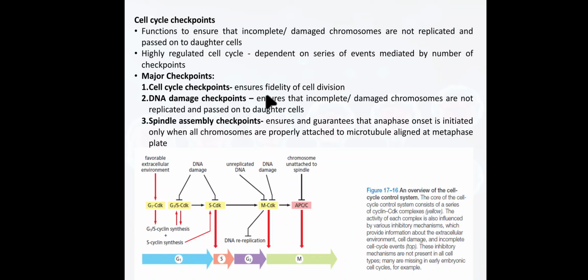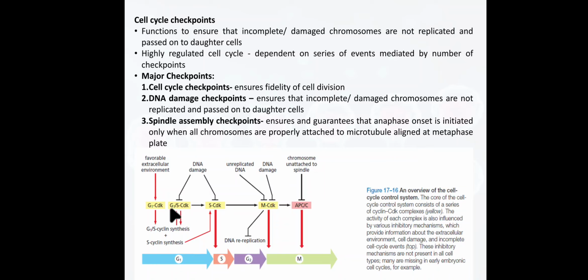The cell cycle checkpoint ensures fidelity of cell division. The DNA damage checkpoint ensures that incomplete or damaged chromosomes are not replicated and passed on to the daughter cells. The spindle assembly checkpoint guarantees that anaphase onset is initiated only when all chromosomes are properly attached to microtubules and aligned at the metaphase plate.